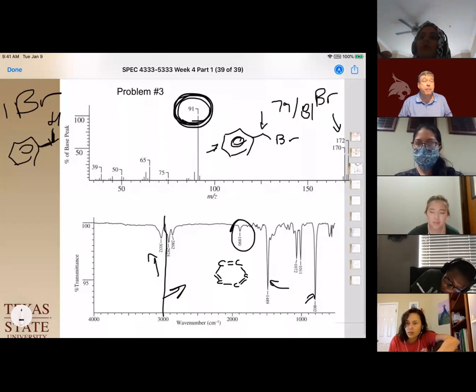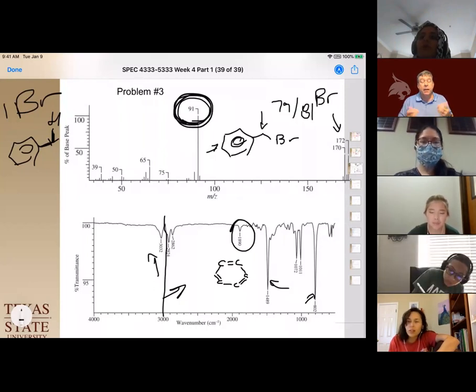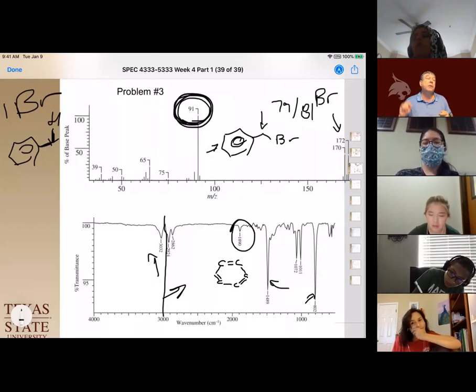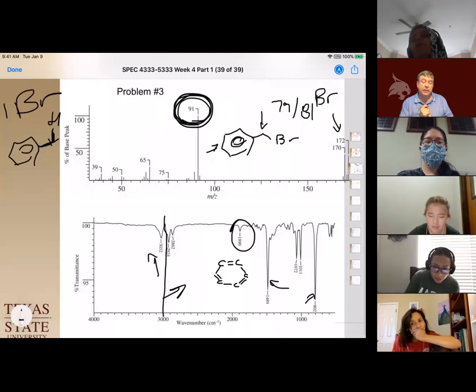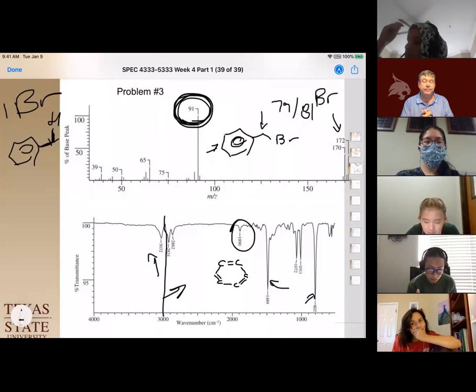Because of the tropylium? Yeah, it's a very big fragment, and that bond is really easy to remove to give you that tropylium ion.